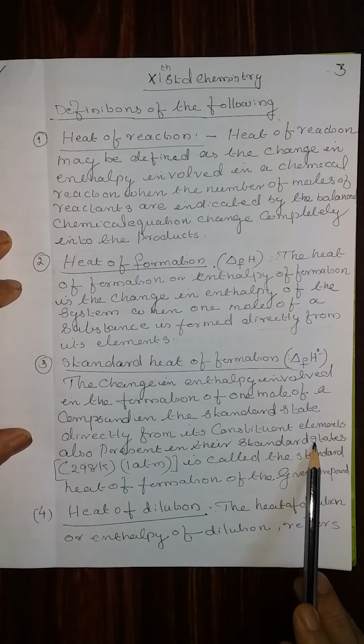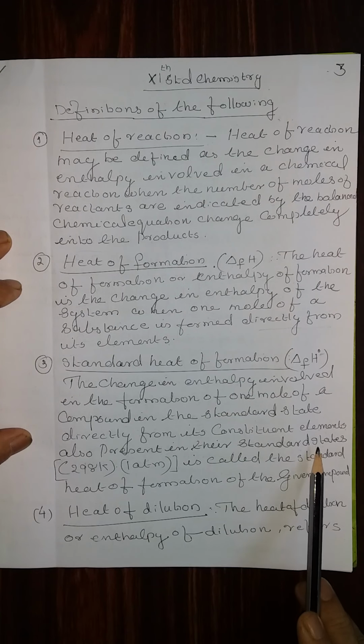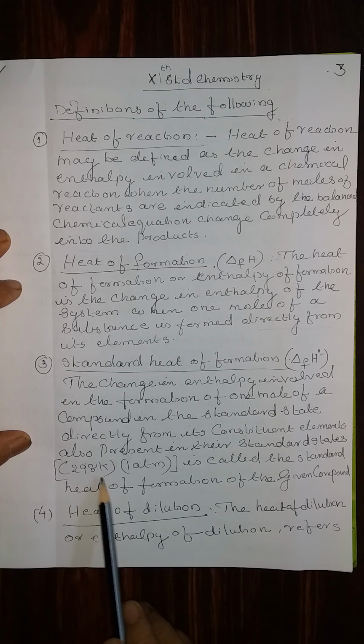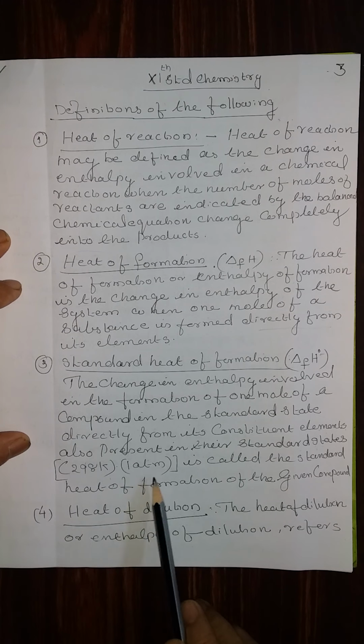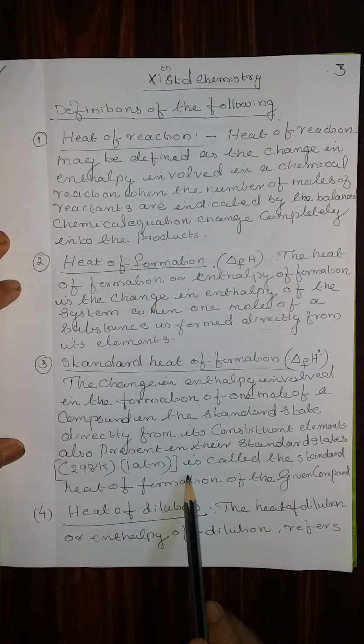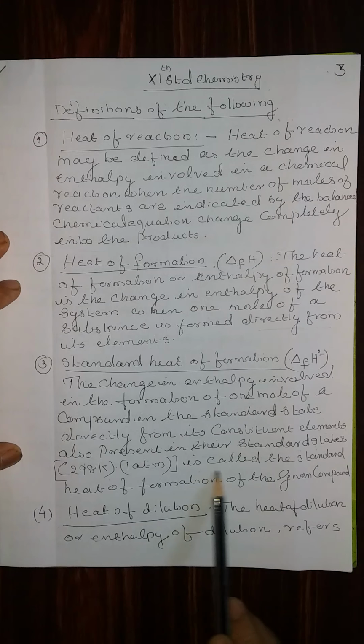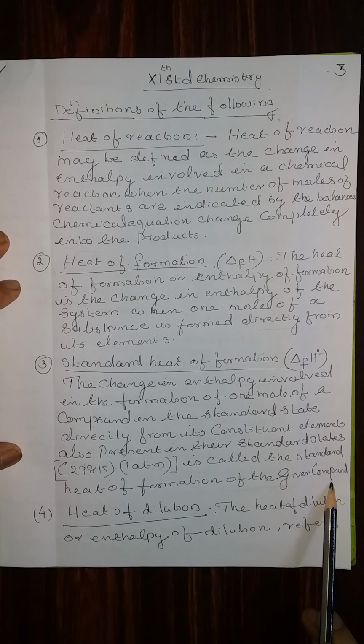That means the reactants and the product should be in the standard state, for example, 298 Kelvin and 1 atmosphere. These are the conditions. In that case, it is called standard heat of formation of the given compound.